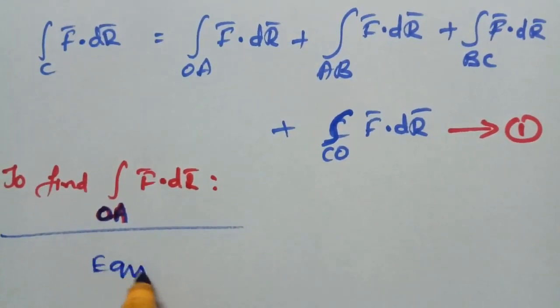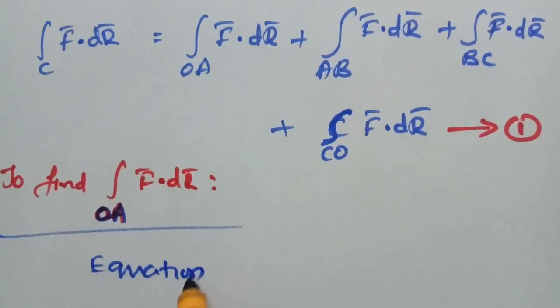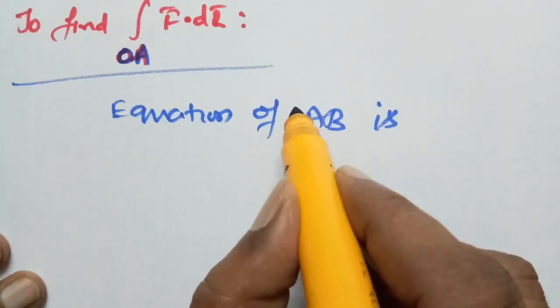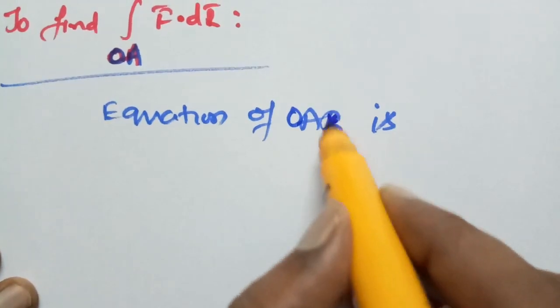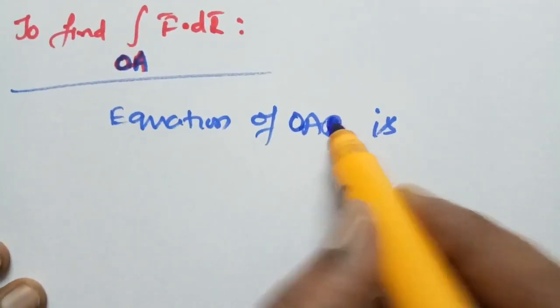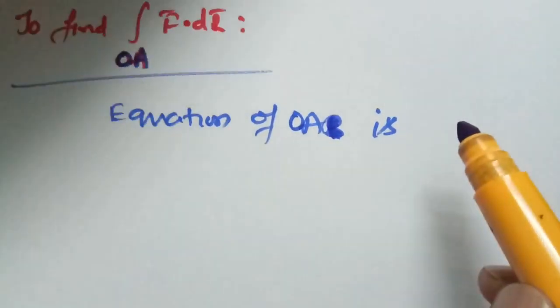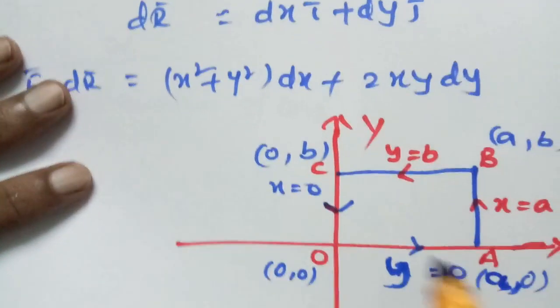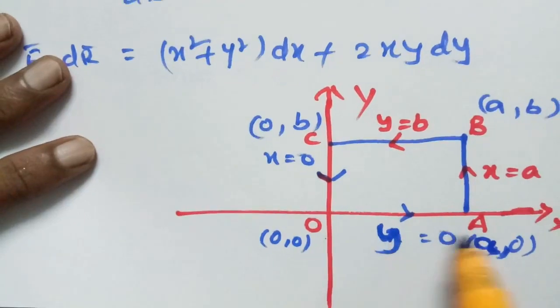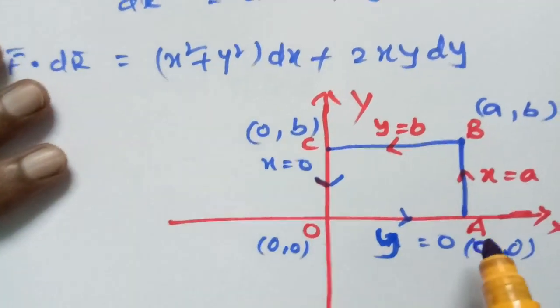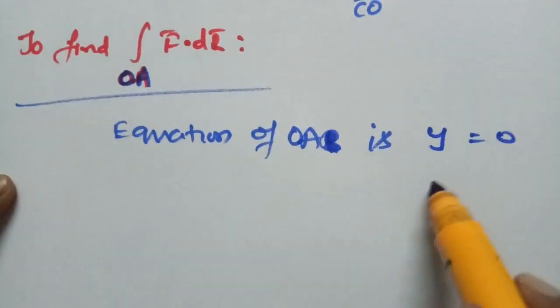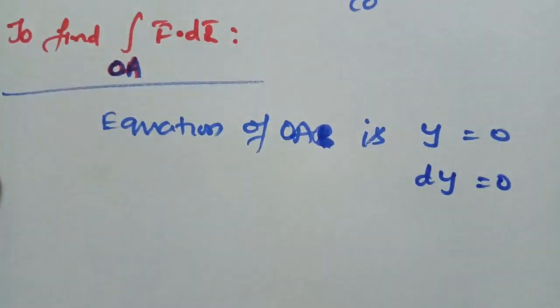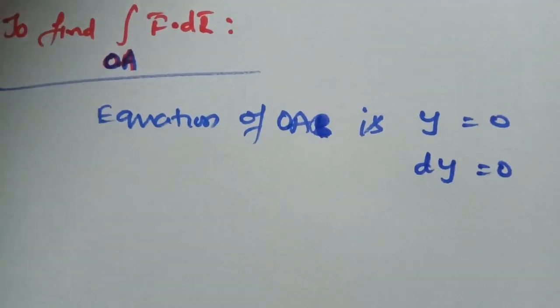Equation of OA is y is equal to 0. Therefore, dy is equal to 0.